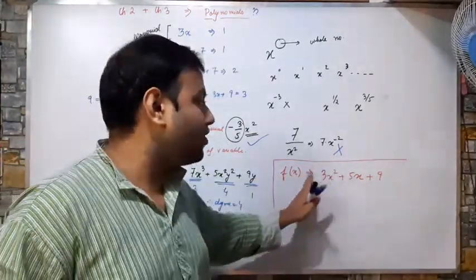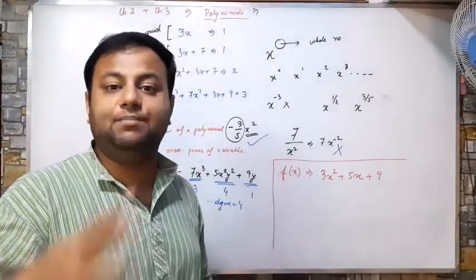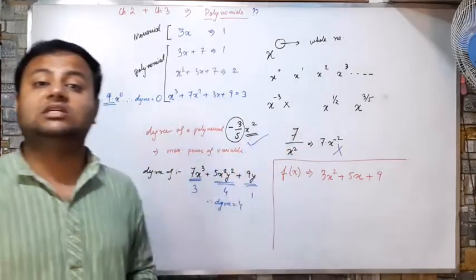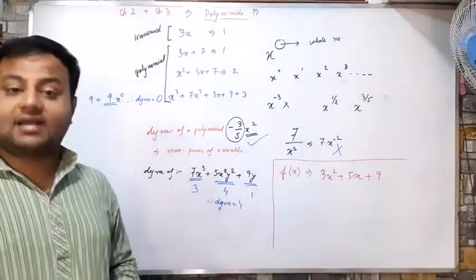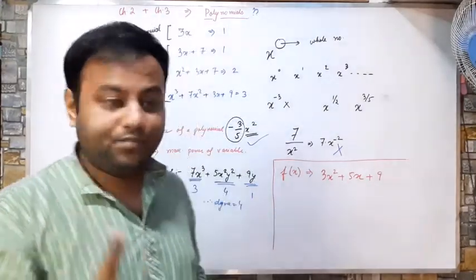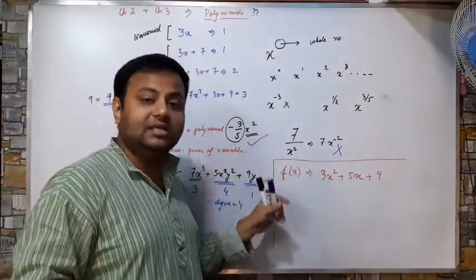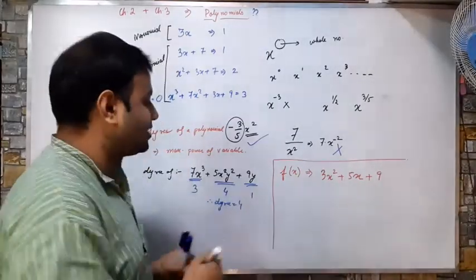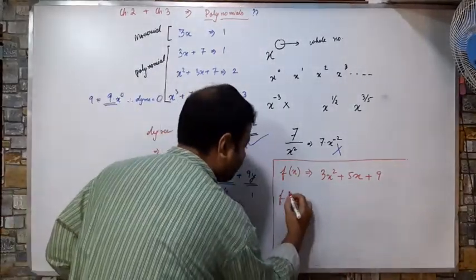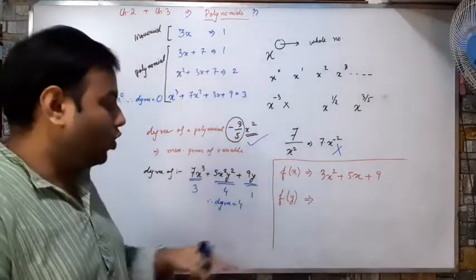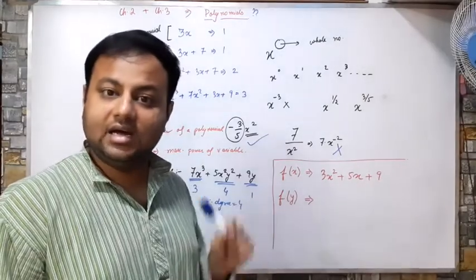If apart from x any other variable comes, a comes, b comes, p comes, y comes, so that will not be considered as any variable, rather it will be considered as a constant. I am writing this, that means only x is a variable of this. Suppose I am writing f of y, that means only y can be considered as the variable.